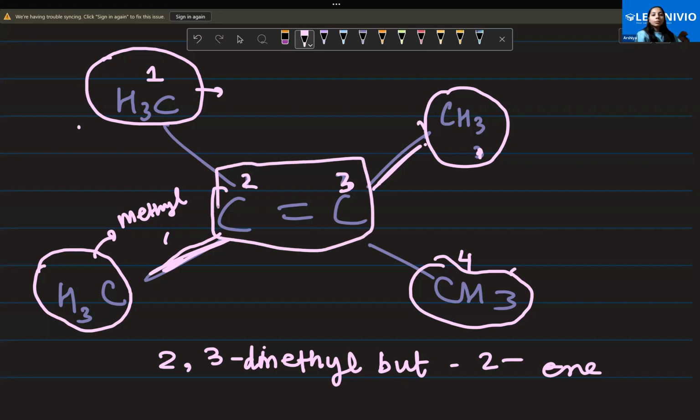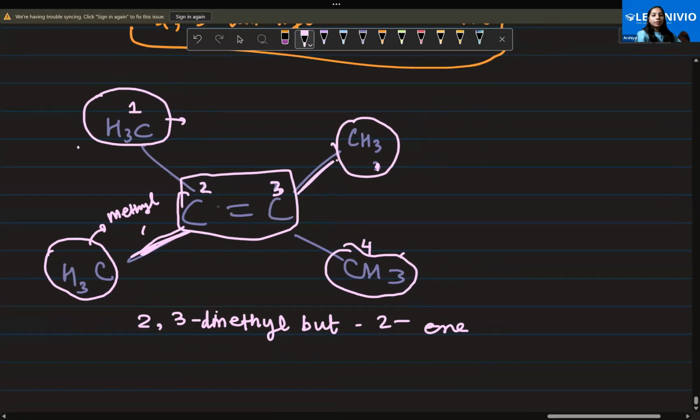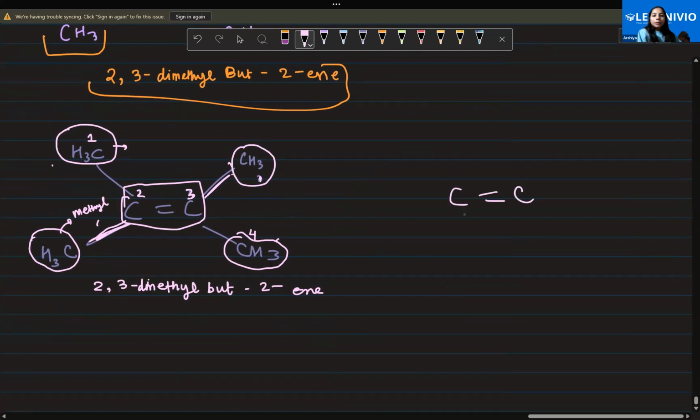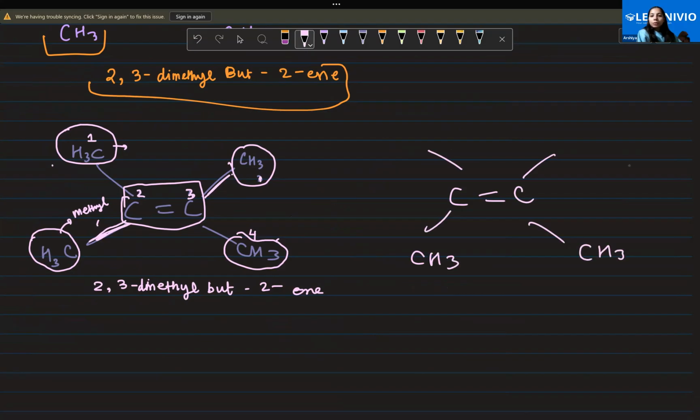Okay, so let's solve it in another way. Let's say this was again the same thing, but let's count it differently, because that might solve your doubt. So CH3 and CH3. Now, instead of starting from here, I'm going to start from here.